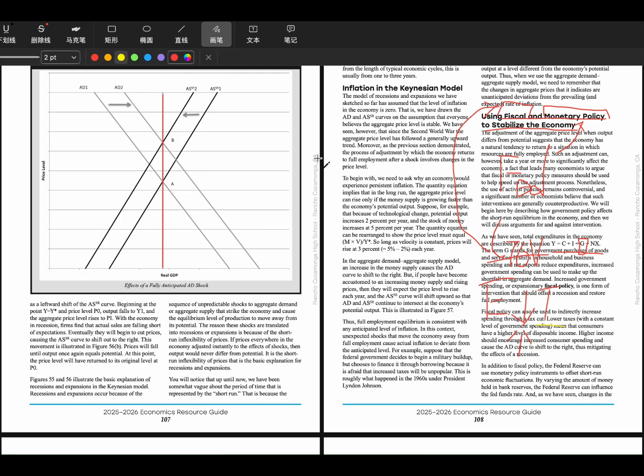Transfer payments would be increased, and governmental spending will be increased. You increase the government spending while lowering the amount of money you tax people. In this case, the consumers would have more money to spend because you're taxing them less. They have more disposable income. AD, in this case, will shift to the right.